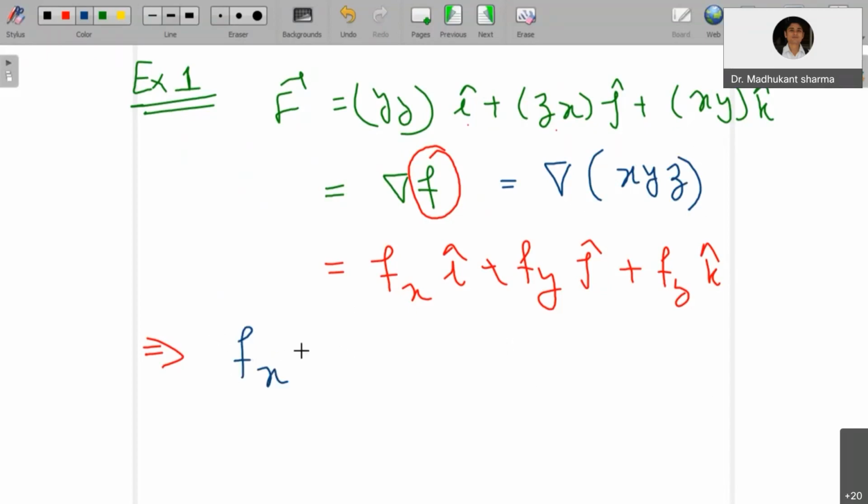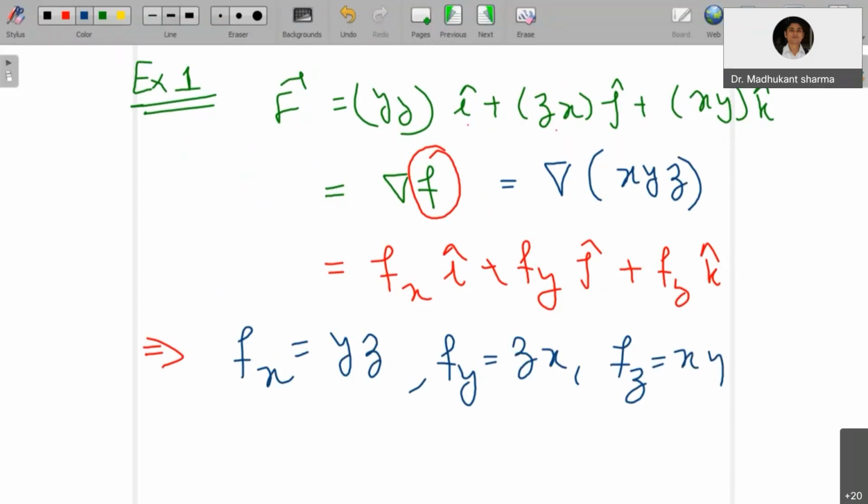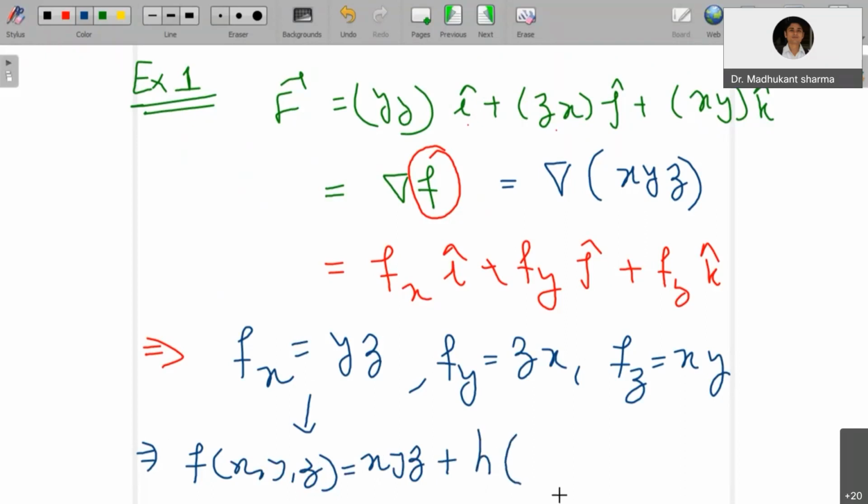So this implies fx equals yz, fy equals zx, fz equals xy. Now use the first one. So the first equality implies f of x, y, z, integrating partially with respect to x, leads to x into y into z plus some function h.